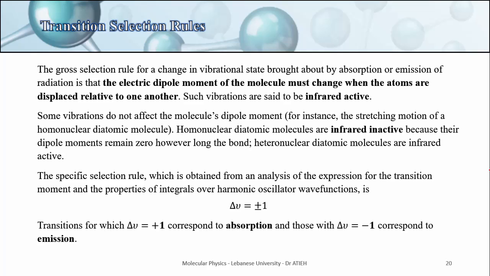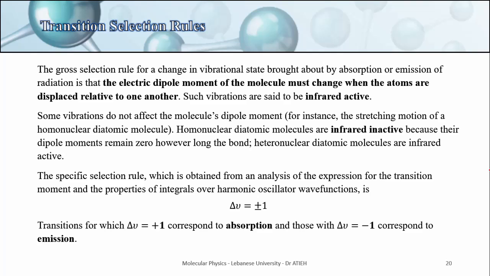While the bond stretches during the vibration of the molecule, there remains a symmetry between both sides all the time, and the dipole moment remains zero, which means that there is no change in the electric dipole moment, and hence homonuclear diatomic molecules are infrared inactive. They have no vibrational spectra.